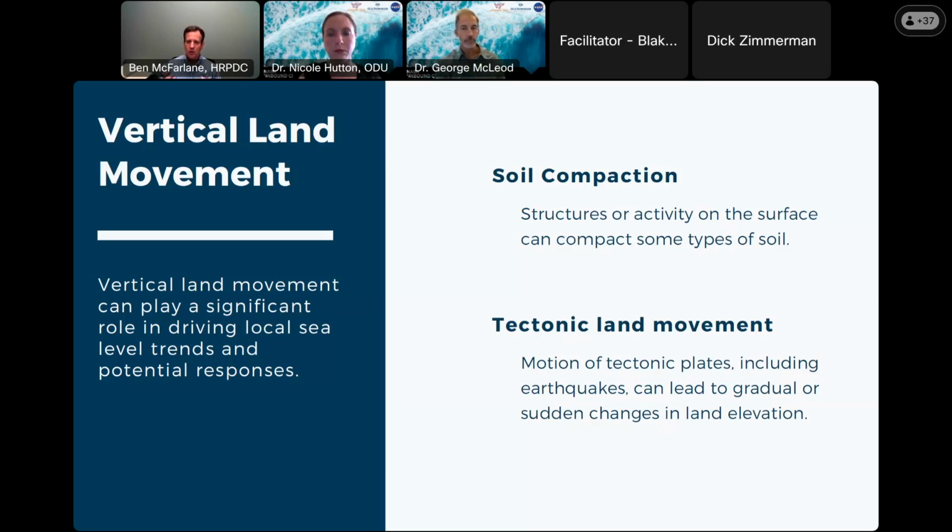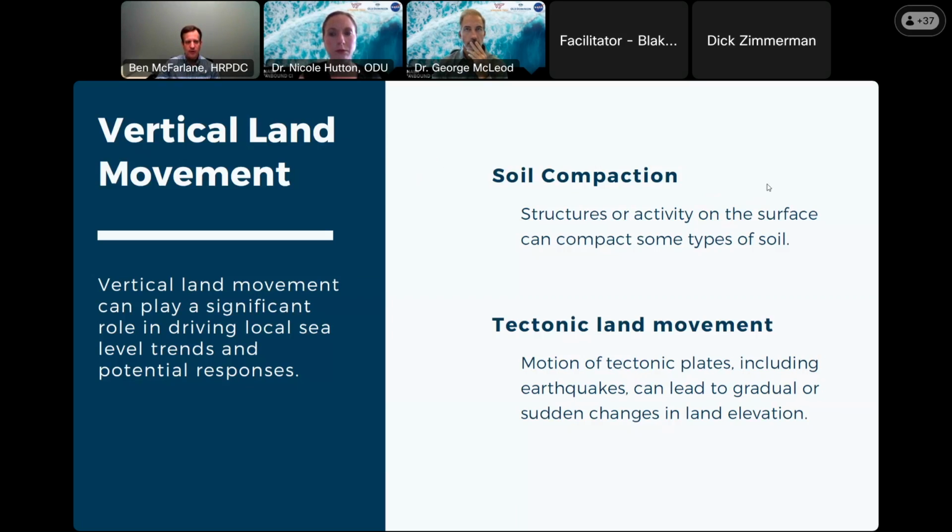And so understanding why this is occurring, measuring how much is occurring, and then being able to factor that into our public policy decisions, that's just one more thing that we have to be thinking about when it comes to planning for future conditions.